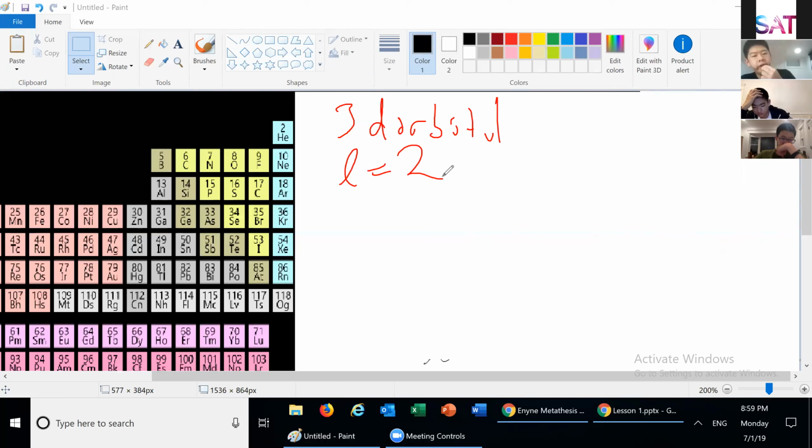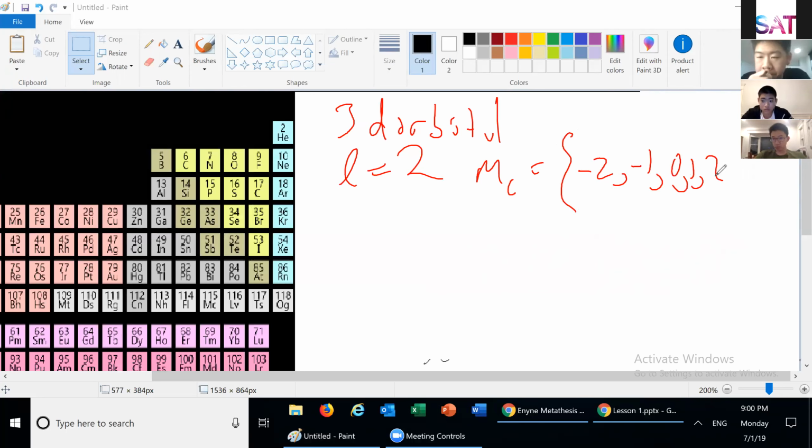So given that L equals 2, what are the possible values of m sub L? Yeah, those are the outermost numbers, but it's all the numbers in the middle too. So it's the set negative 2, negative 1, 0, 1, 2, right?